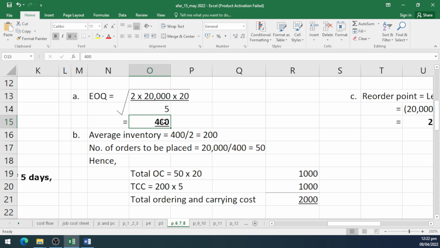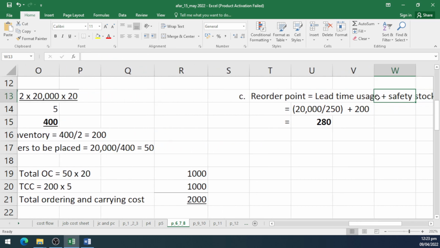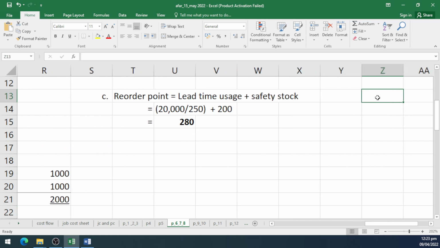And because of that variability and uncertainty in usage and lead time, we can modify this model by maintaining safety stock level and of course determining the lead time usage for purposes of computing the reorder point.